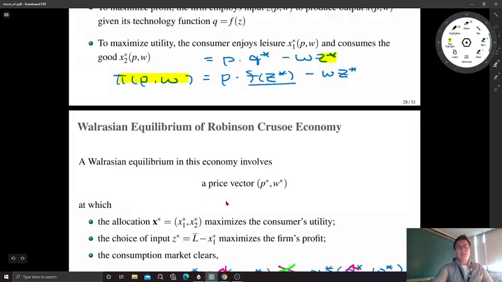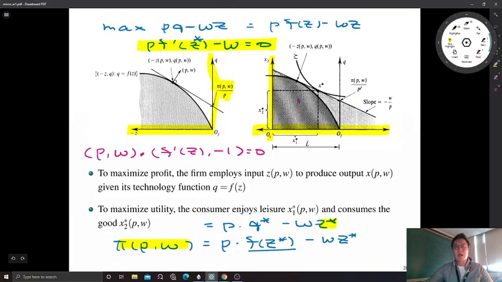So going back to the previous slide, this status cannot be an equilibrium. In this picture, think about the labor supply. Labor supply is going to be this portion, L bar minus x1 star.